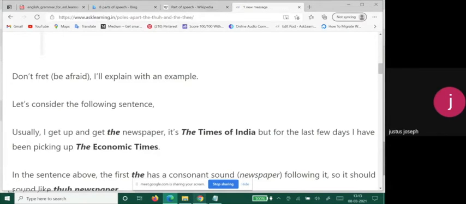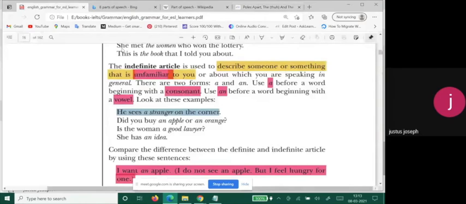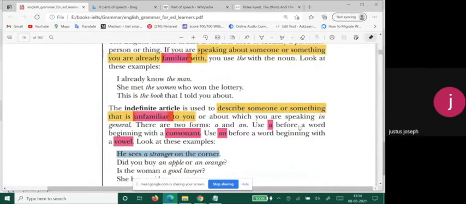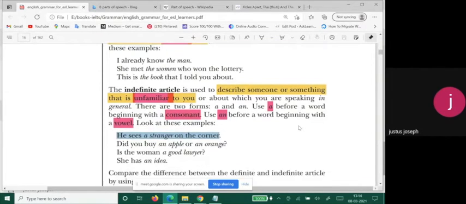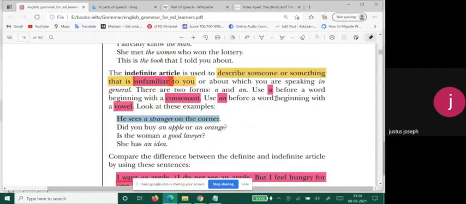Coming back to this, we were learning about a and an. What I have told you here is that a is used before a consonant.